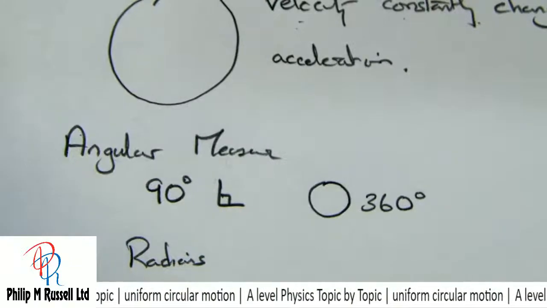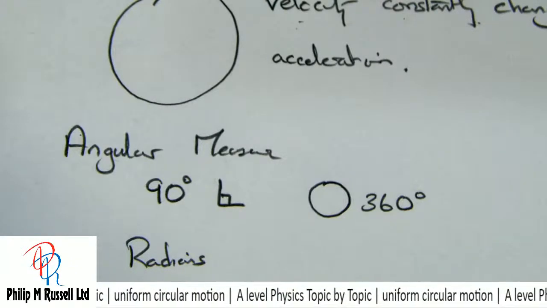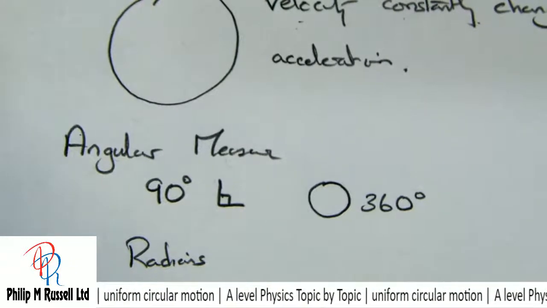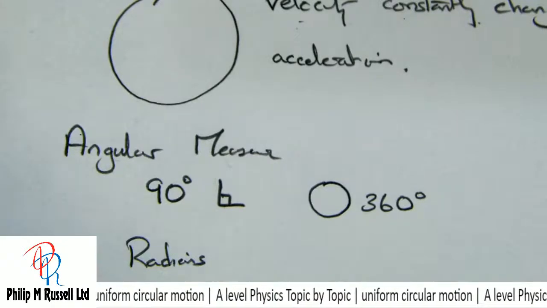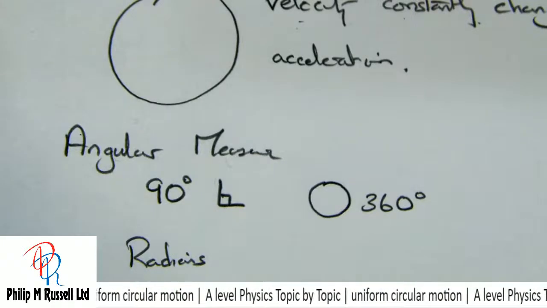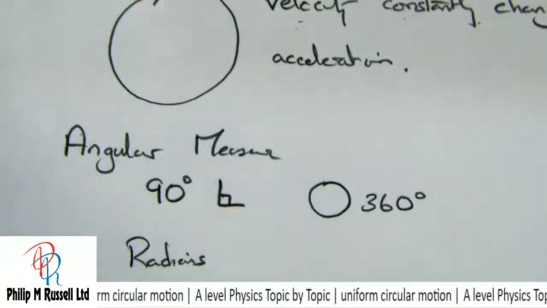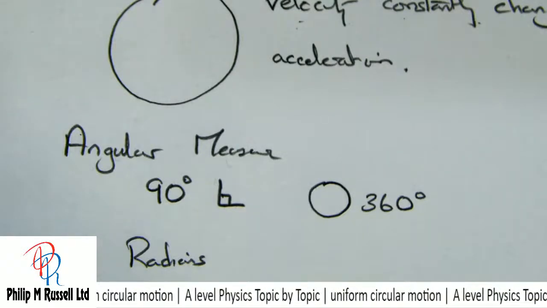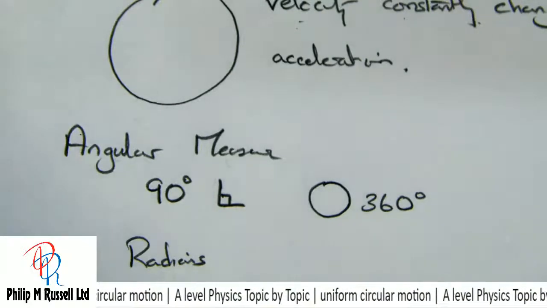Now, what is a radian? Well, simply put, a radian is a measure of the radius.